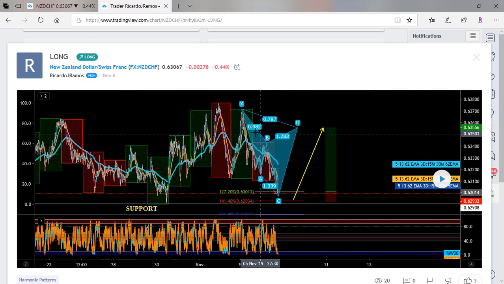So basically, the C point criteria was met due to the fact that price tagged the 127.2, since that's the minimum, and it met the minimum requirement for that C point.